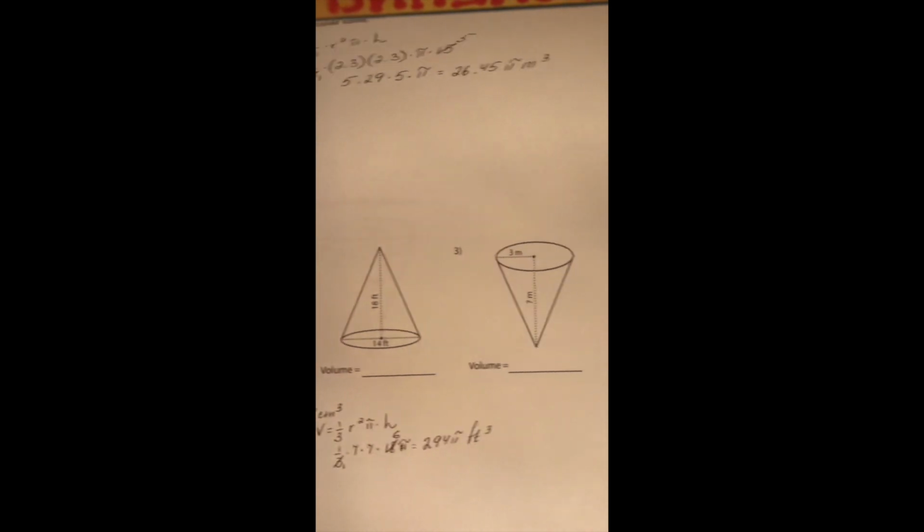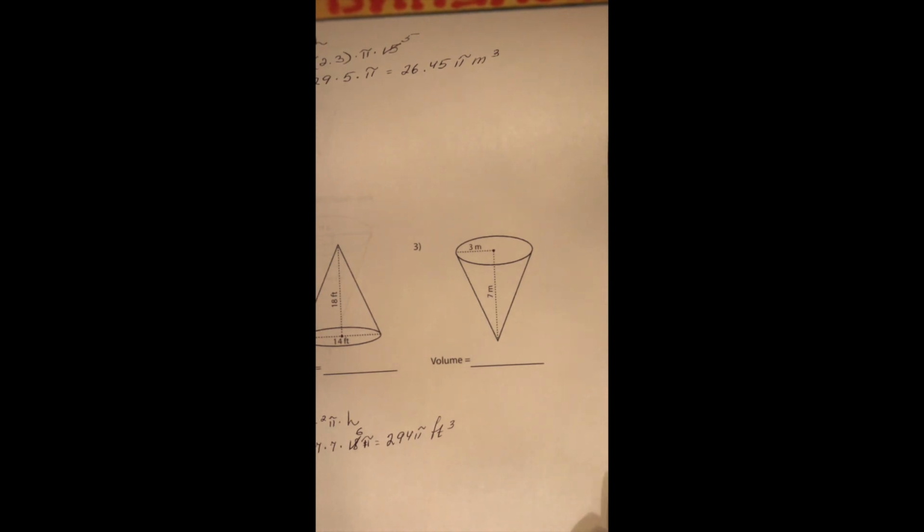So 3 turns into 1, 18 turns into 6. 7 times 7 times 6 times pi gives us 294 pi feet to the third power. Again, for the approximate answer, we would multiply 294 by 3 and 14 hundredths. Last one.